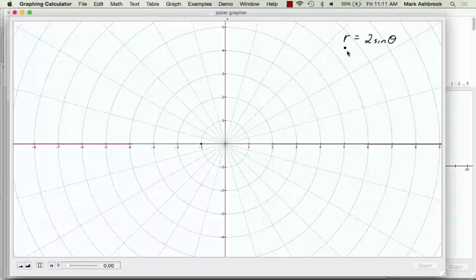What we've got is r is a function of theta. So theta is the input, and r is the output. So this relationship gives us a distance from the origin, or distance from the pole, for every given angle.